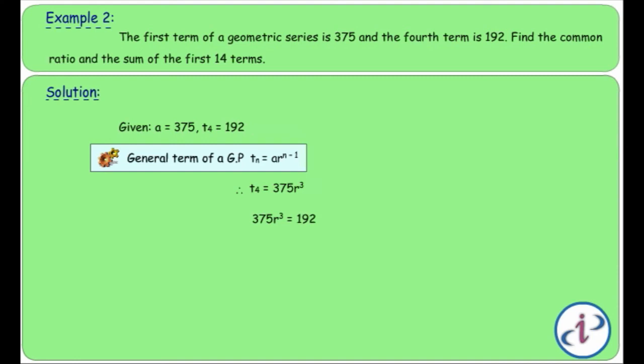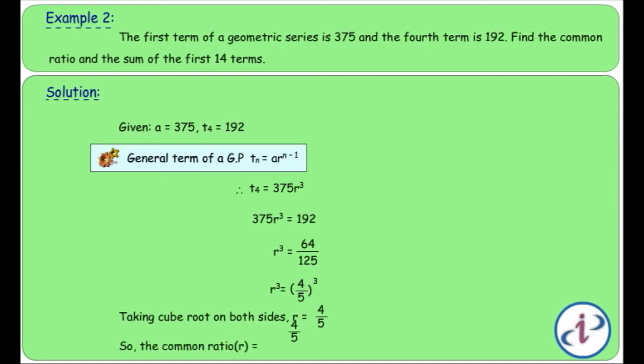Thus, we get r cubed is equal to 192 by 375, which is equal to (4 by 5) whole cube. Taking cube root on both sides, we get r is equal to 4 by 5. So, the common ratio is equal to 4 by 5.